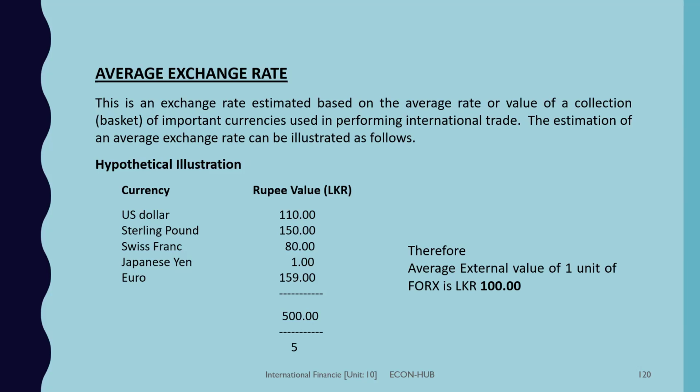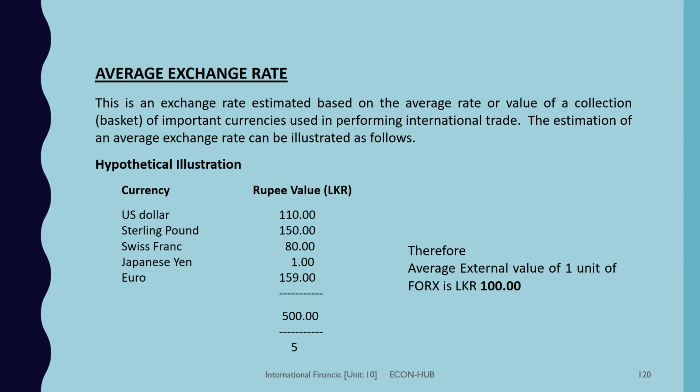What do we call average exchange rate? Now, to solve the first problem we have, which is to have one value that will give us an idea about how the rupee is performing against not only another currency, but a collection of other currencies, we call this a basket of currencies. What is it called? Basket of currencies. Now I have done a small hypothetical illustration for you.